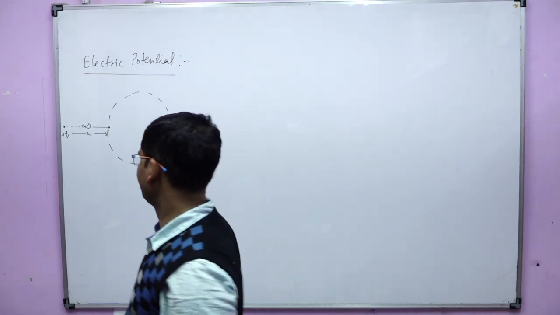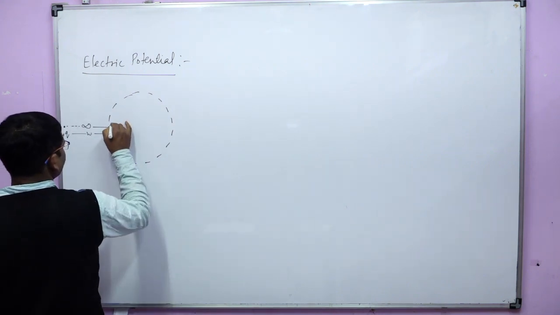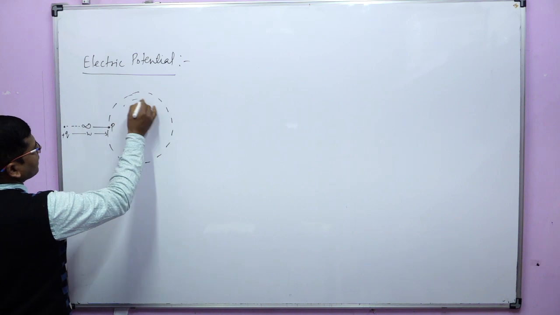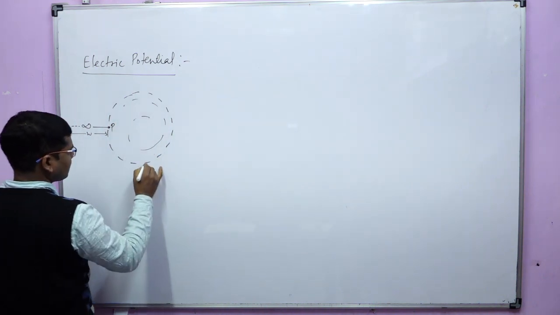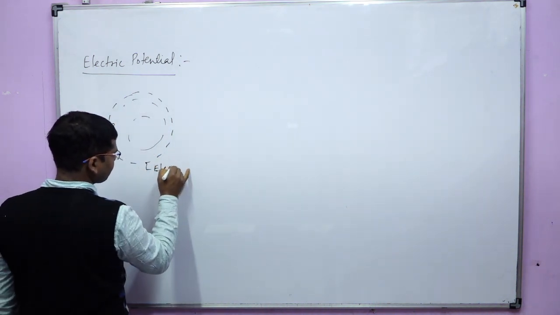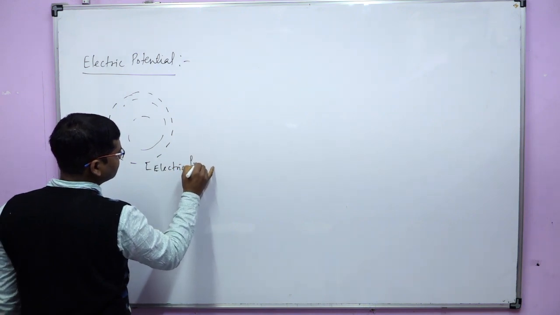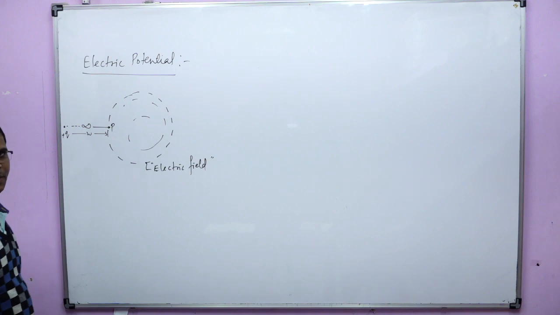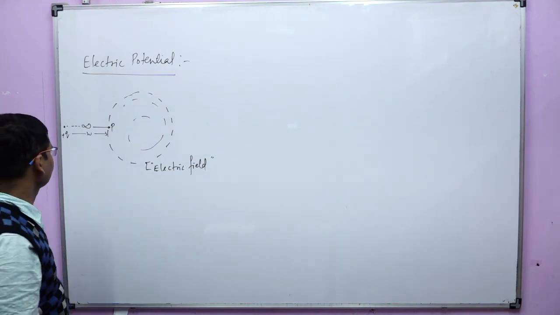How will we define it? Suppose this one is the point P and this one is the electric field, where the effect of charge can be experienced.